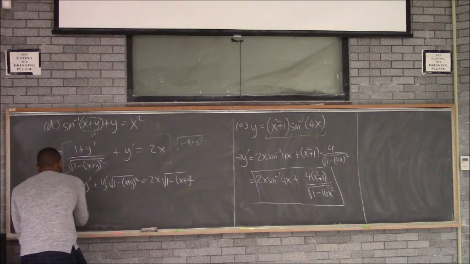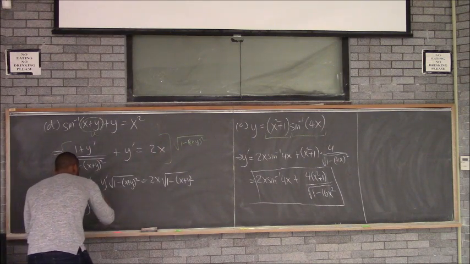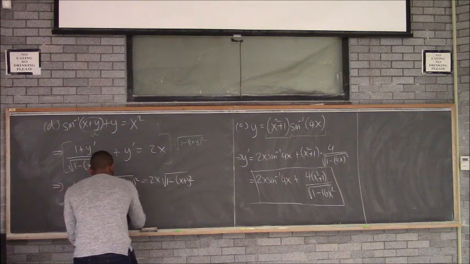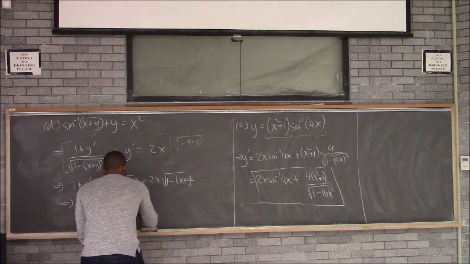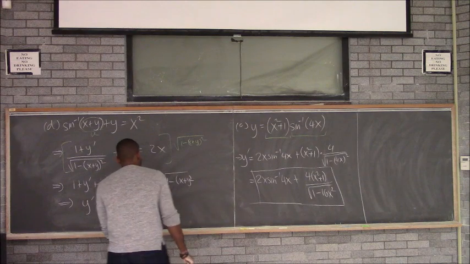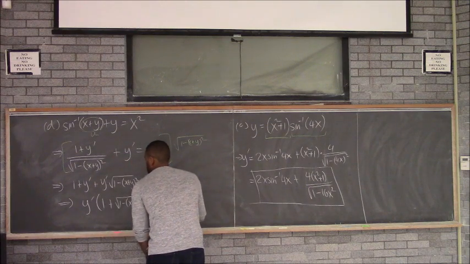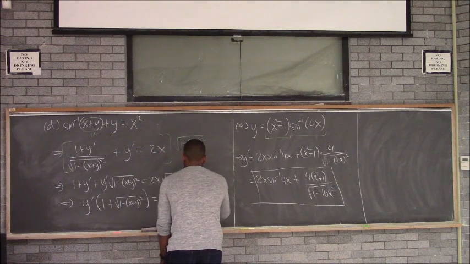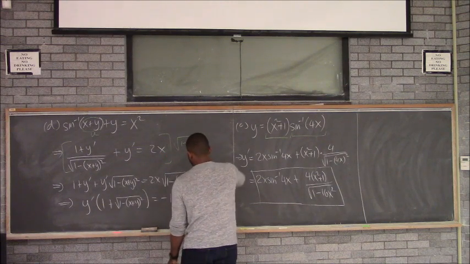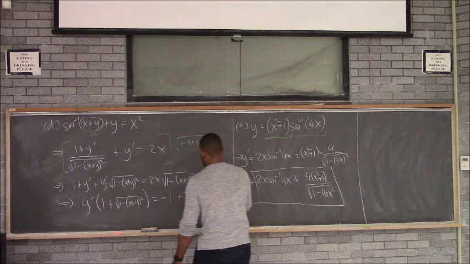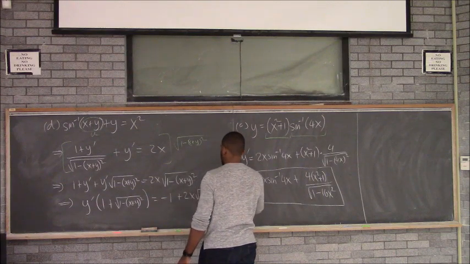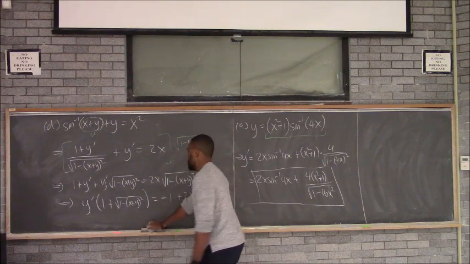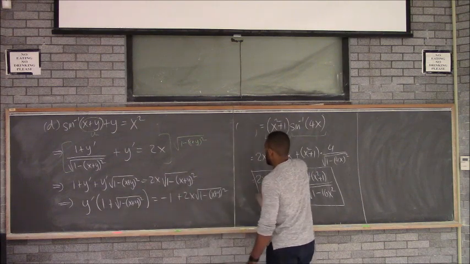So, here my y prime is going to be 1 plus this radical. And I have here, bring the minus 1 over, minus 1 plus 2x times this radical. So now I can solve for that by dividing.